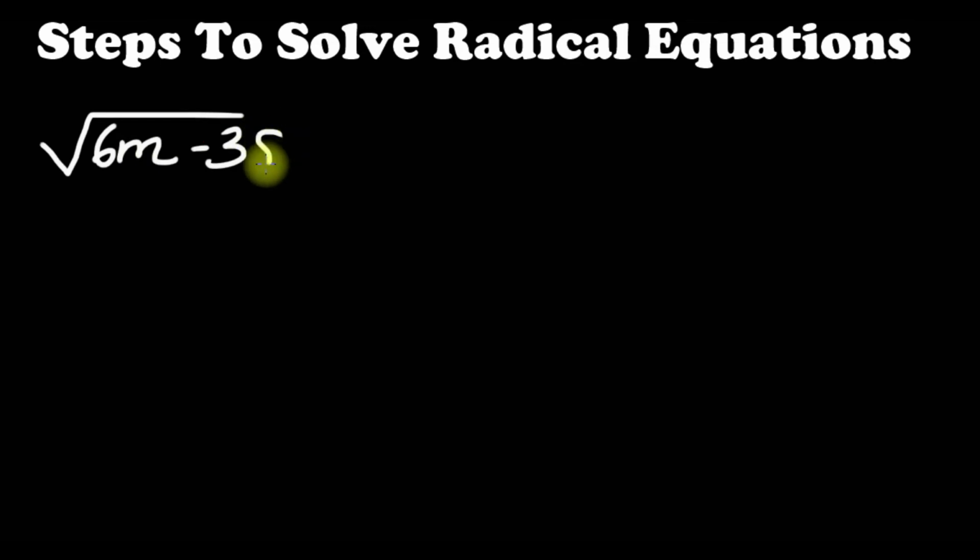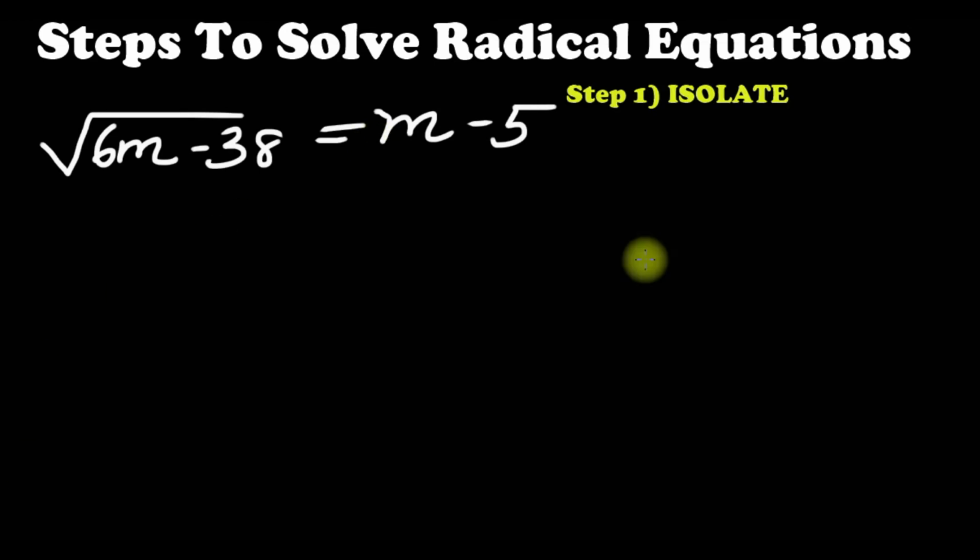So the next one we have is the square root of 6m minus 38 equals m minus 5. Okay, and then we're solving to find out what makes the equation true. So first thing we have to do is isolate the radical sign, so isolate the square root.